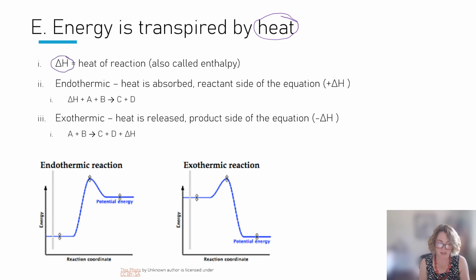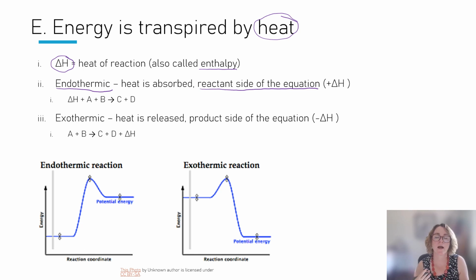This is delta H. It is also called enthalpy, or the heat of the reaction. Now, reactions come in two flavors, right? Heat can either be released or heat can be absorbed. If heat is absorbed in a reaction, then that reaction is defined as being endothermic, and heat would end up being on the reactant side of the equation.